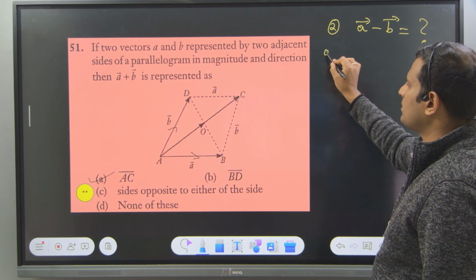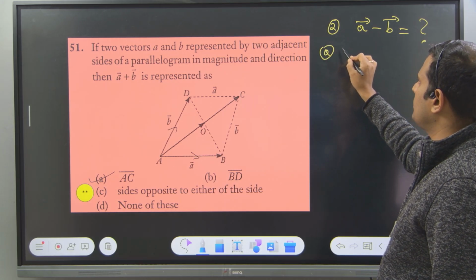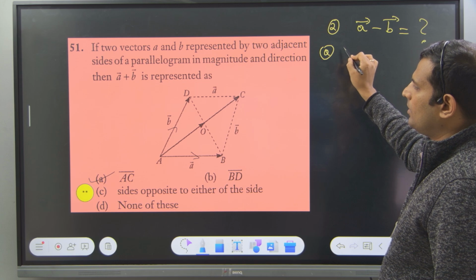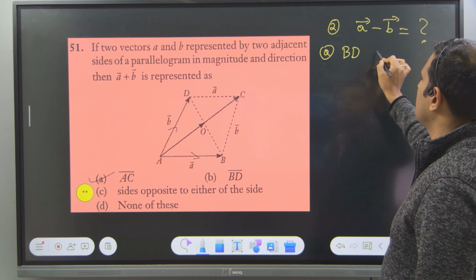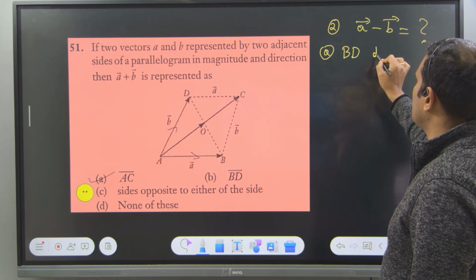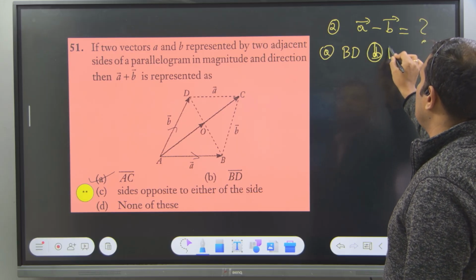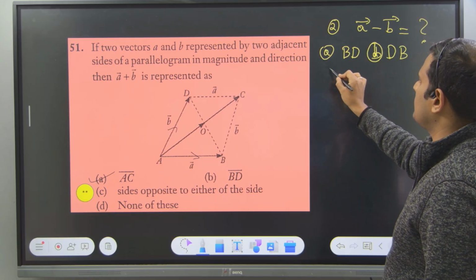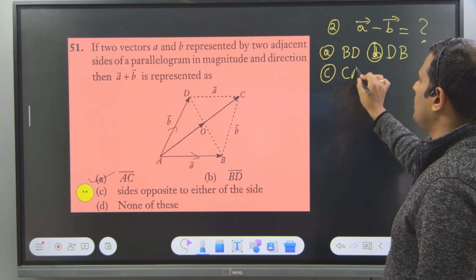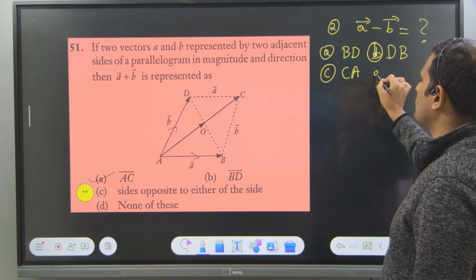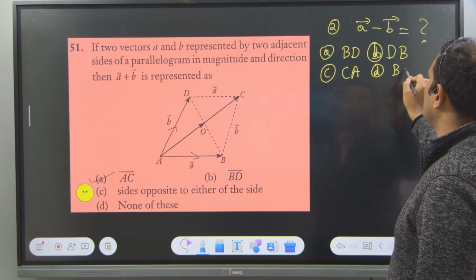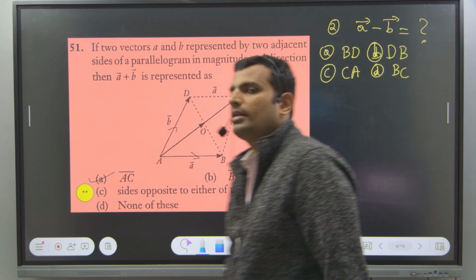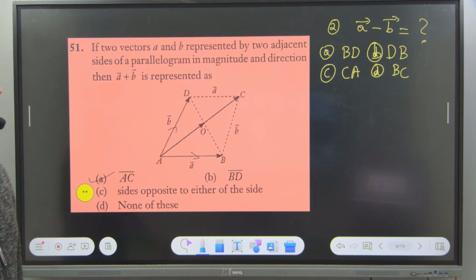Options are BD, second option DB, third option CA, fourth option BC. Okay. So what is vector A minus vector B?